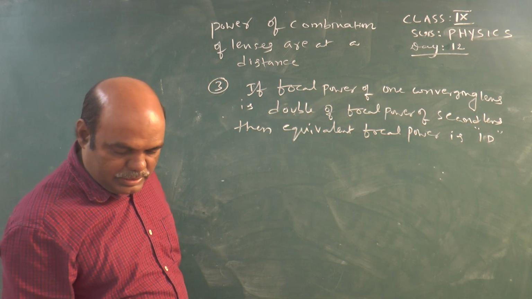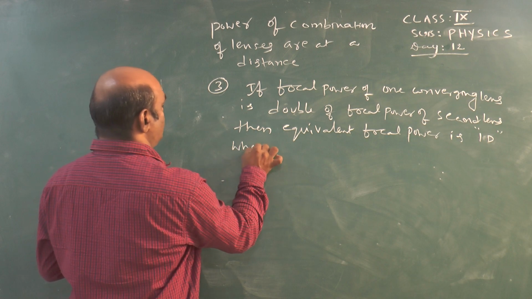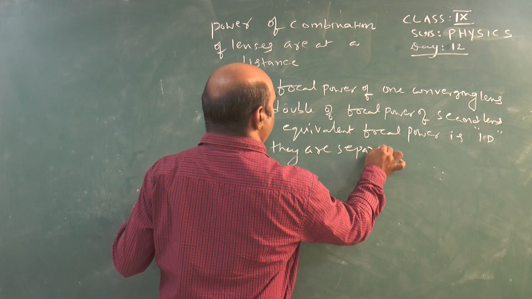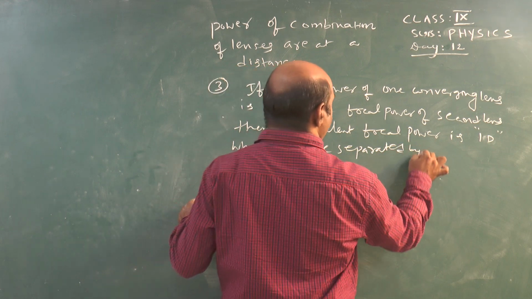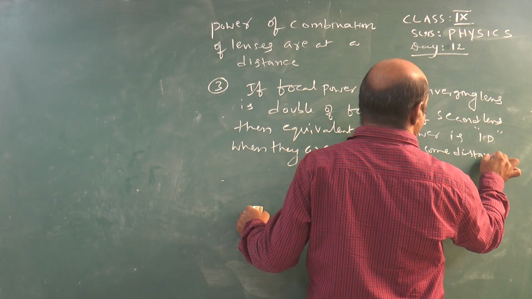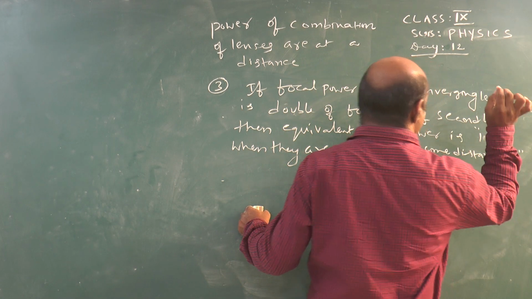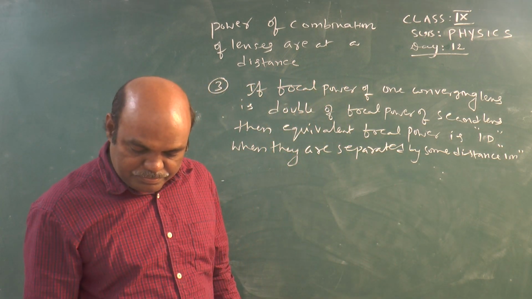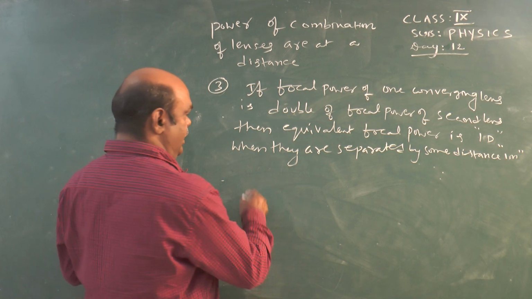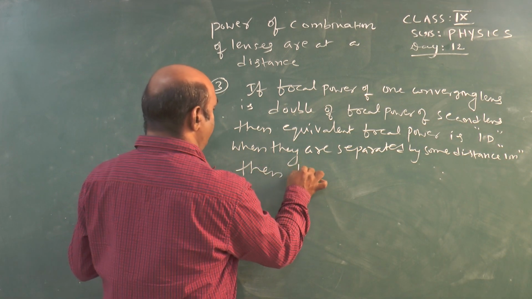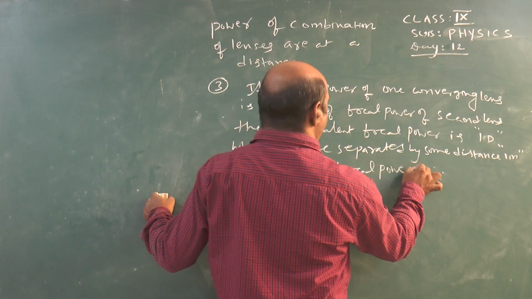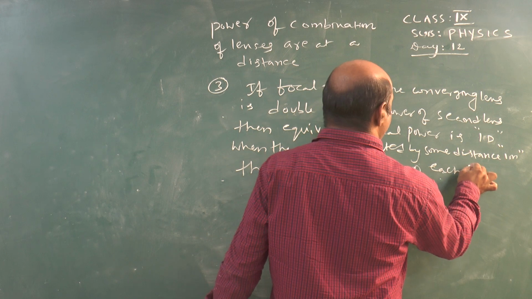When they are separated by some distance, 1 meter, then find the focal power of each converging lens.